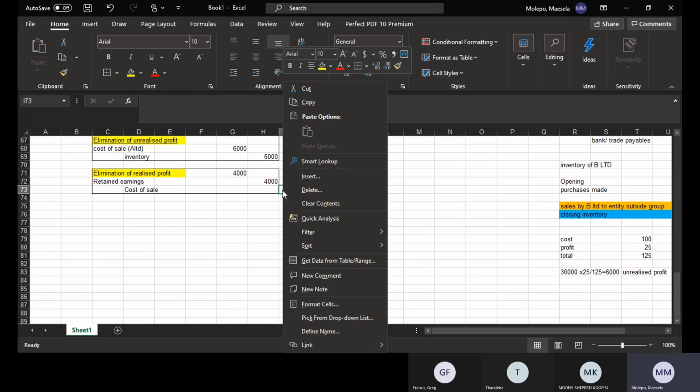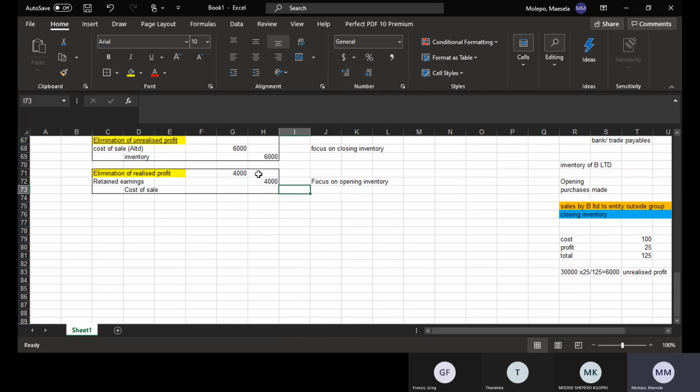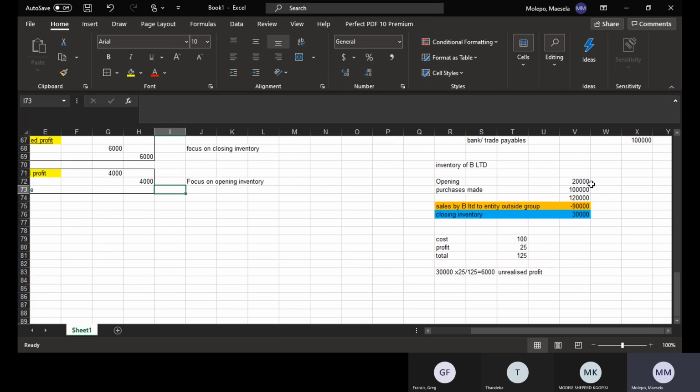But in this case, we take the full 100% of that 4,000, because initially it was the parent who sold to the subsidiary, and then the subsidiary sold that inventory to people outside the group, which is where we say this 20,000 is now being sold. The 20,000 is included in the 90,000. It's now being sold to people outside the group. That's why we take it in full.